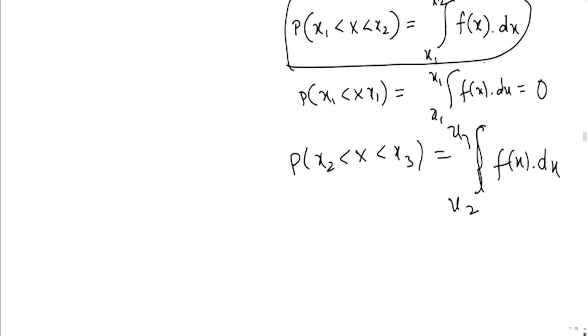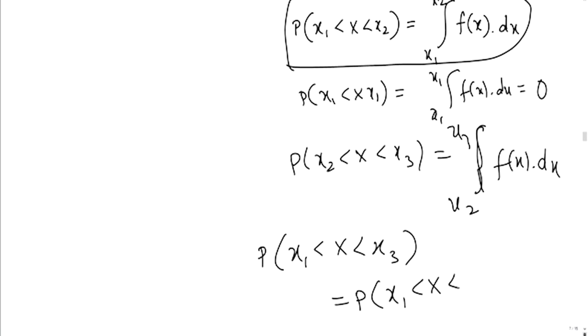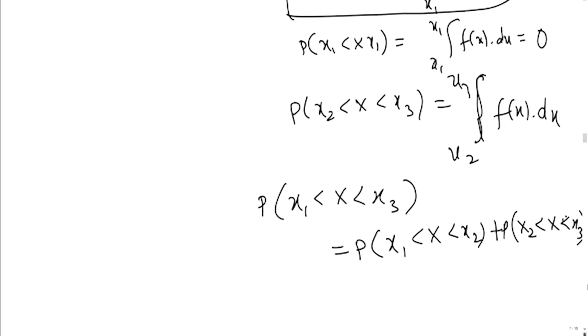So if you apply the third axiom here, you can say that the probability of obtaining a reaction time between x1 and x3 is given by the probability of obtaining a reaction time between x1 and x2 plus the probability of obtaining a reaction time between x2 and x3, because these two events are mutually exclusive, right? So you can write it like this: the area under the curve between x1 and x2 and the area under the curve between x2 and x3.